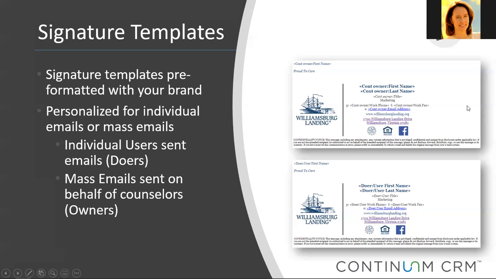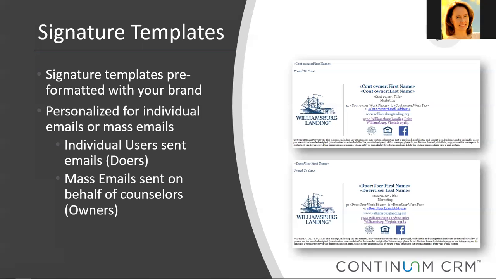And then the other template in the signature world that is helpful is to have one for mass emails, okay? And that's not going to be based on who's actually creating and sending the email. We maybe want every email that gets sent to look like it comes from the counselor that the prospect is probably familiar with, right? The owner.